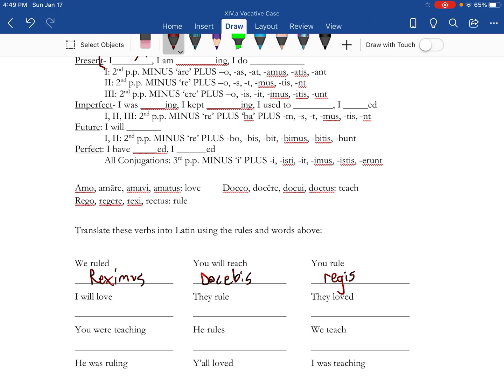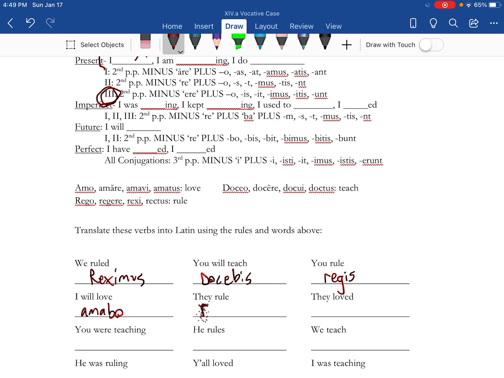I will love, it's first conjugation, and so the rules say second principal part minus the re, plus bo, bis, bit, bimus, bitis, bunt. And I is going to be bo, so we're going to add the bo there. They rule, third conjugation, so we're looking there.